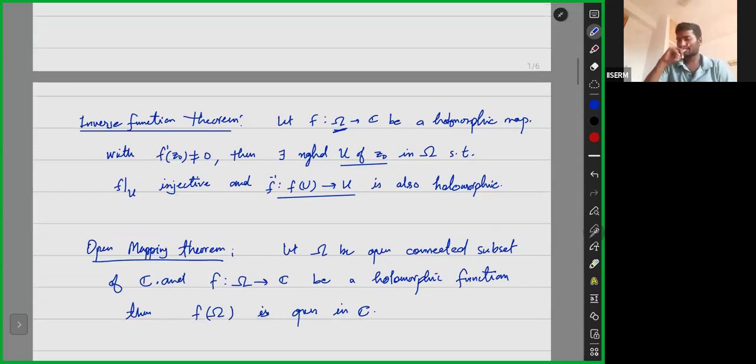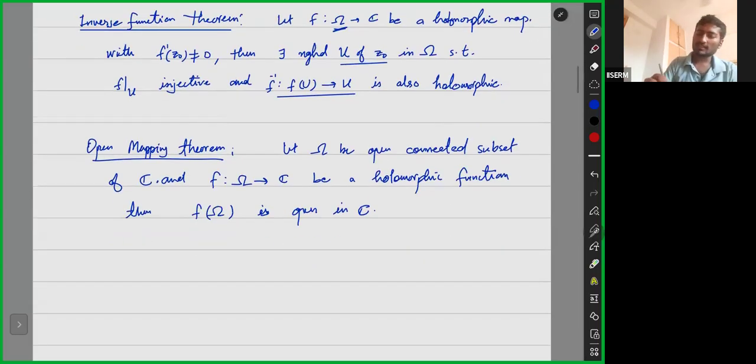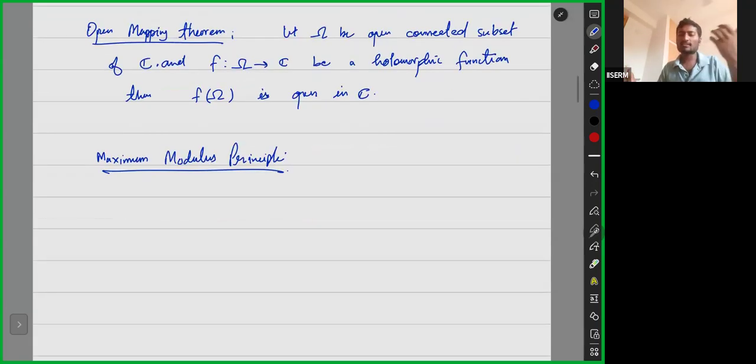So this is a corollary of the open mapping theorem, you just see the maximum modulus principle. So just follow this picture, okay?